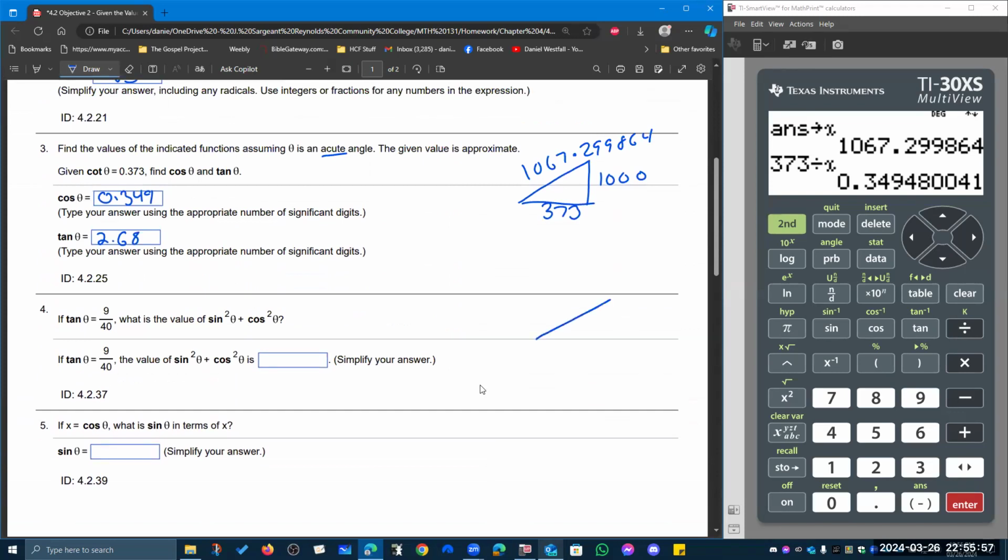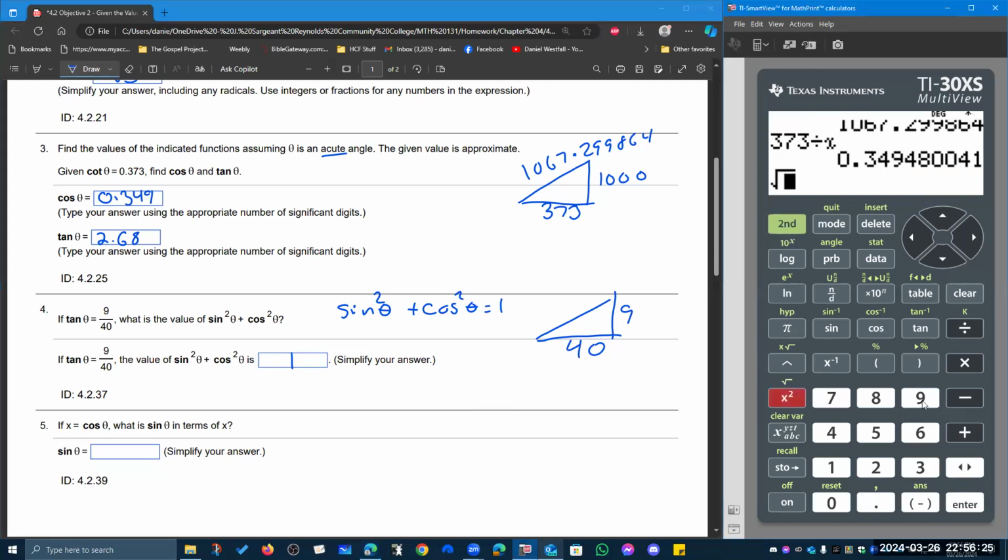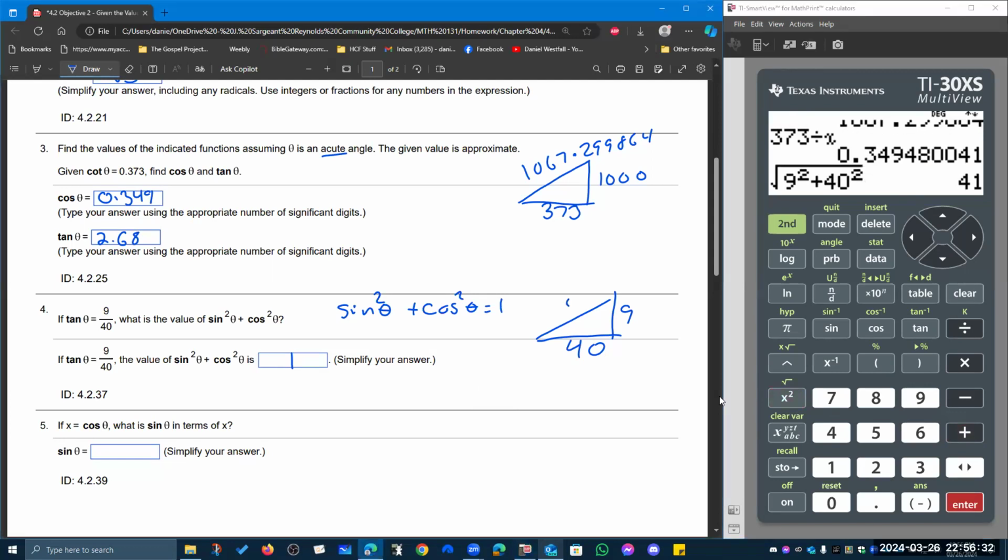So if tangent is 9/40, what is the value of sine squared plus cosine squared? Always, all the time, it's 1. I'm going to show you that it's 1 here, but this is an identity that sine squared of anything plus cosine squared of that same anything is always 1. So the square root of 9 squared plus 40 squared is going to give me 41.